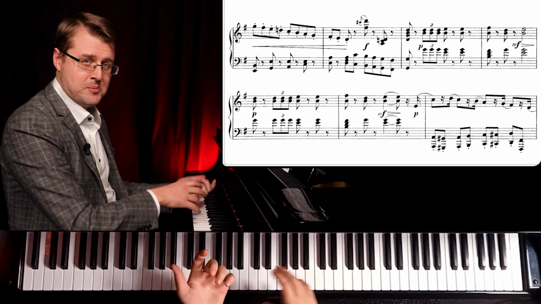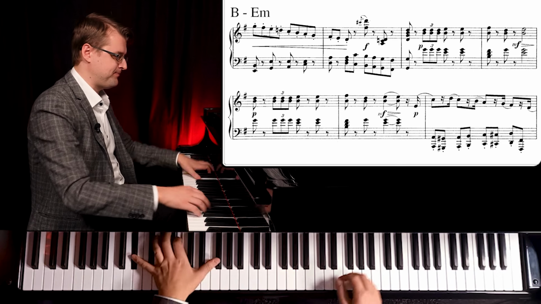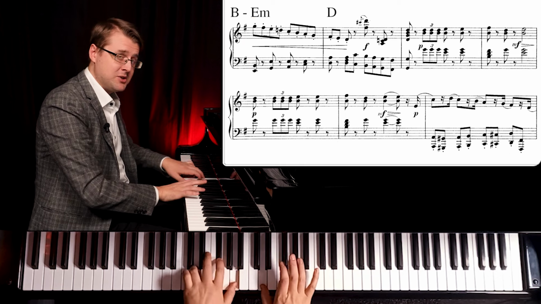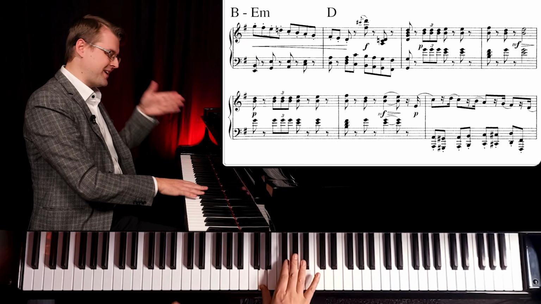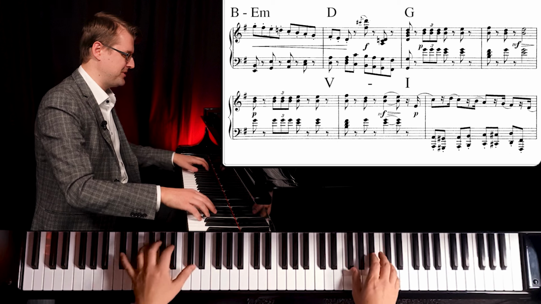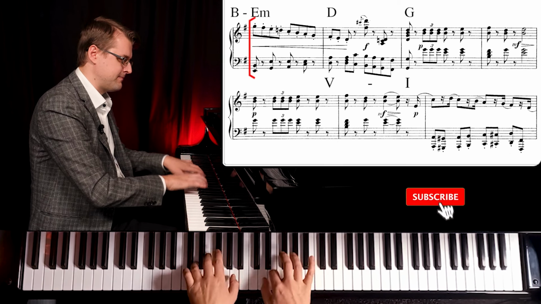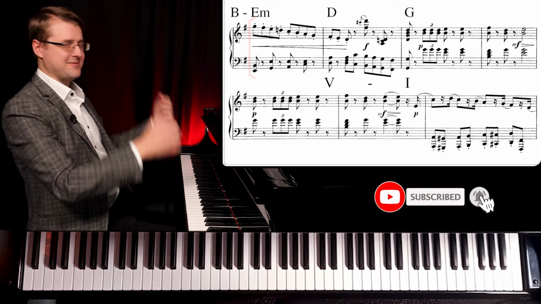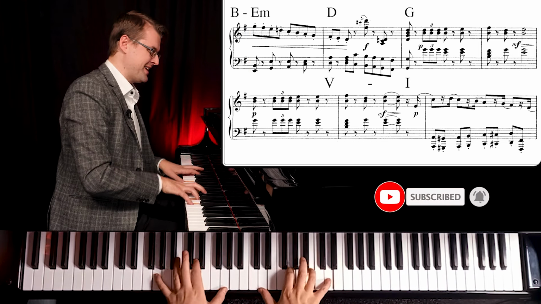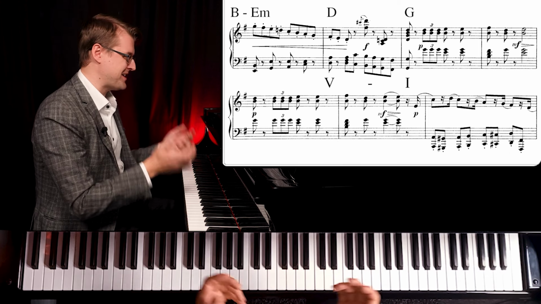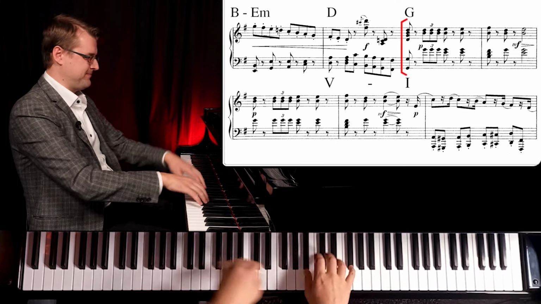Here we're going from B back to G major. Here we reach a D, so now we're kind of, okay, that's the dominant pointing back to G. And G major, the main tonic, and this is now, of course, we get a repetition again of the same march rhythms as the beginning.